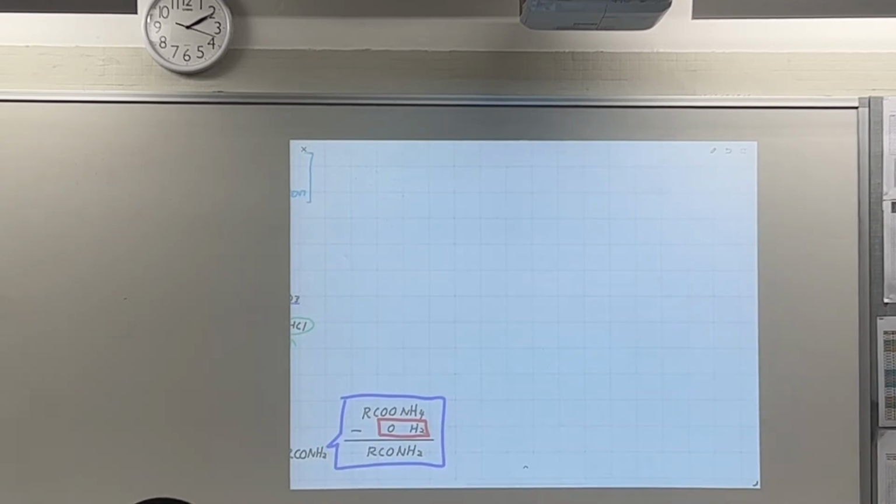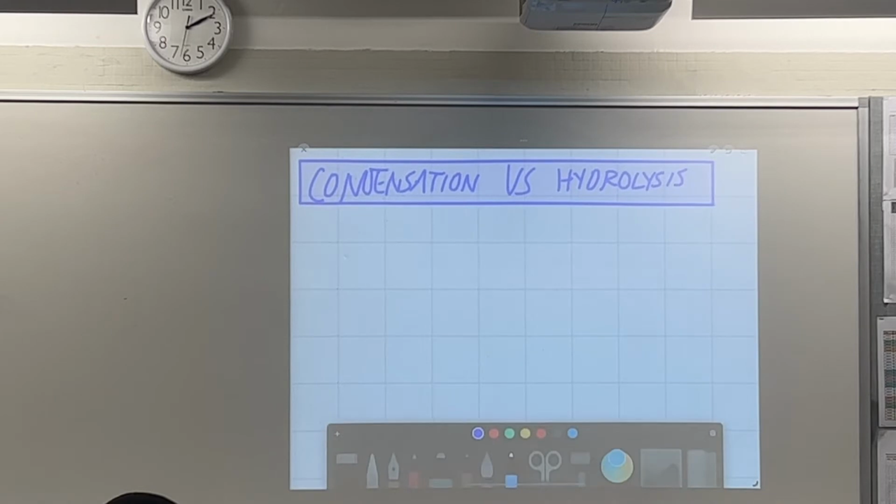Condensation versus hydrolysis. Both of these terms, the names are self-explanatory. So condensation is the joining of 2 molecules, with the removal of water in the process.